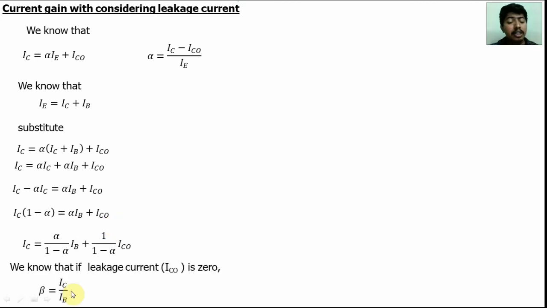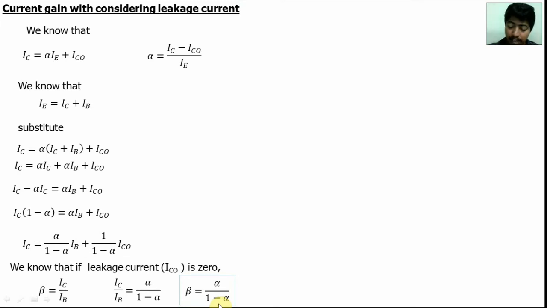We know that if the leakage current is 0, we defined already beta is equal to IC by IB. Here, substitute IC naught is equal to 0. You will get IC by IB is equal to alpha by 1 minus alpha. So from this equation, we may tell beta is equal to alpha by 1 minus alpha. This is the relation between beta and alpha.